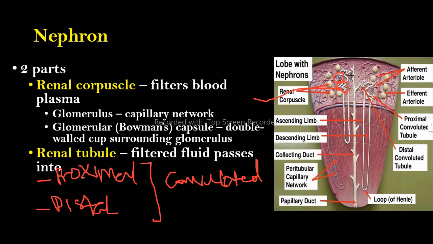Now the one that is far, you see, you may think it is close, but the glomerular filtrate formed will have to move through this, and then through the loop of Henle, and then moves up, then to the distal. So it is distant from the renal capsule. So that's why it is called the distal convoluted tubule.